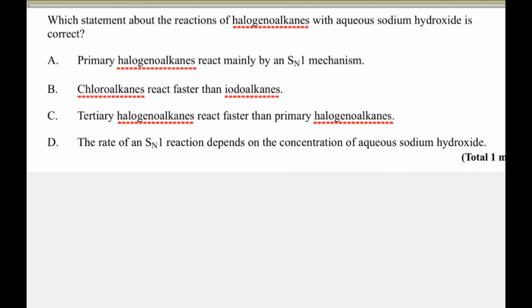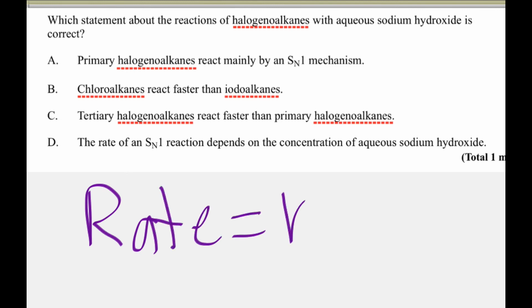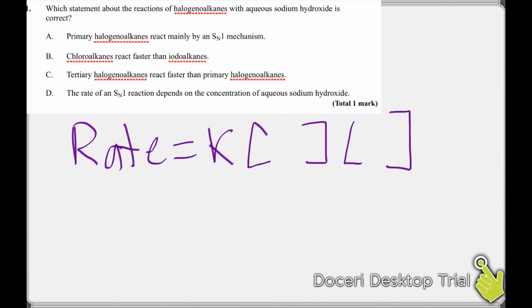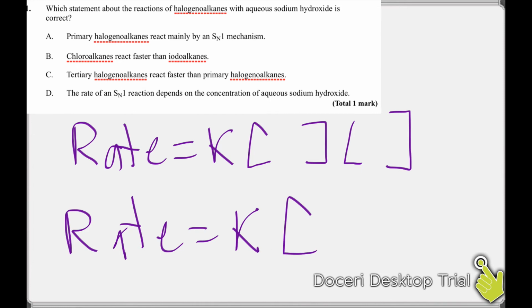So in order to find what the rate depends on, we'll want to look at the rate law for an SN1 and an SN2. So, for the rate law of the SN2 reaction, you have hydroxide here, and you have the halogen alkane.